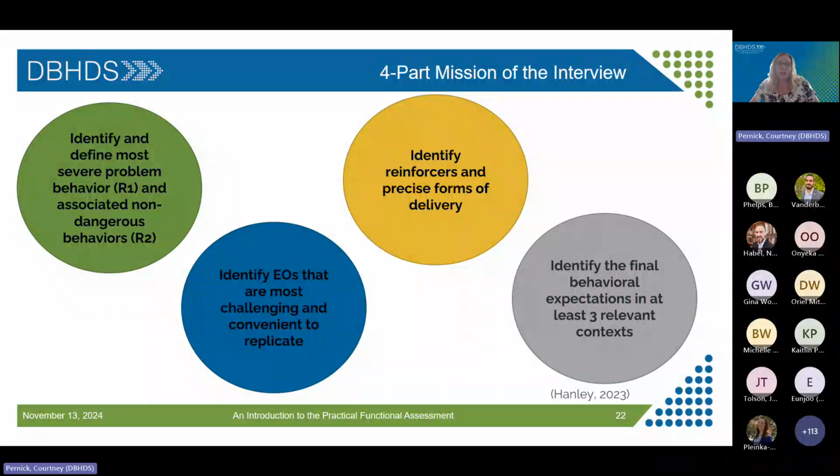In order to stay on track and obtain the information you need, keep in mind this 4-part mission. Identify and define the most severe problem behaviors and associated non-dangerous behaviors. We refer to these as R1s and R2s. Identify EOs that are most challenging yet convenient to replicate.